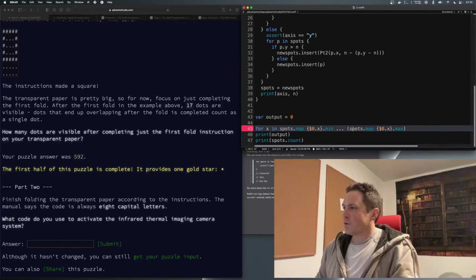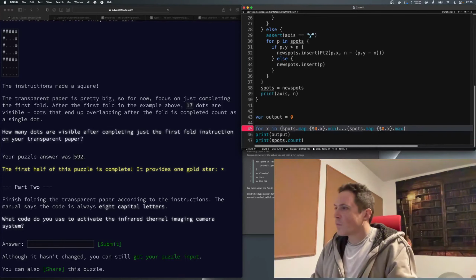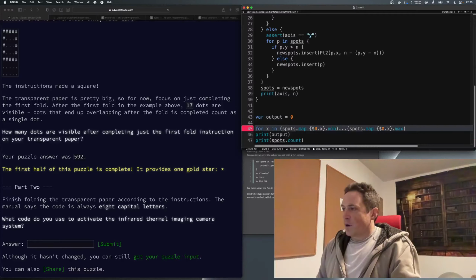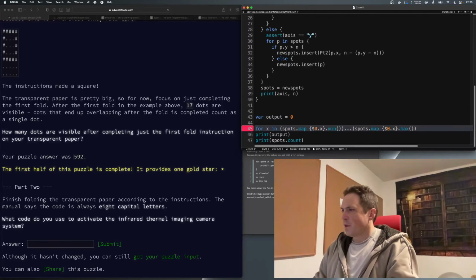So what are we doing? And min and max are functions, not computed properties, right? Because they're going to be linear? Yeah.